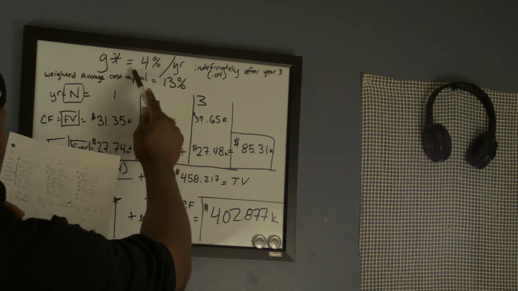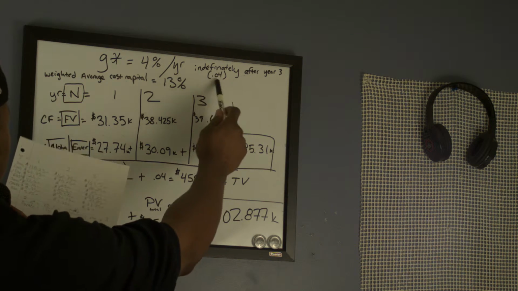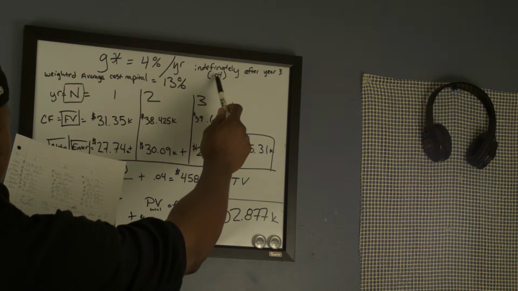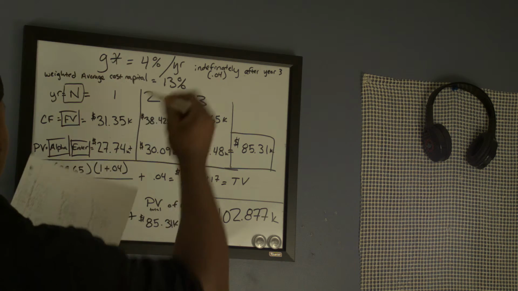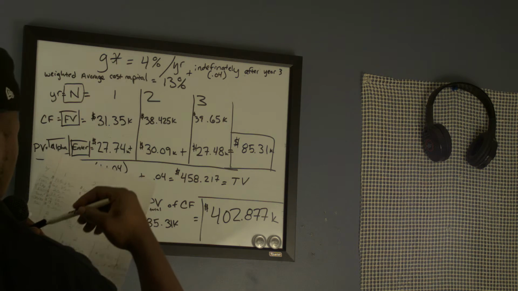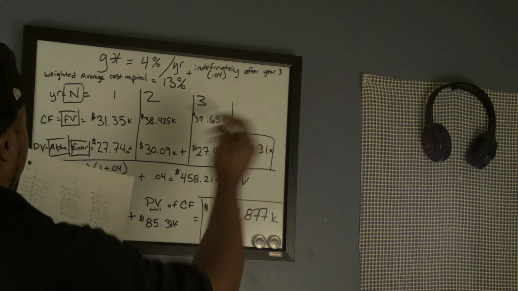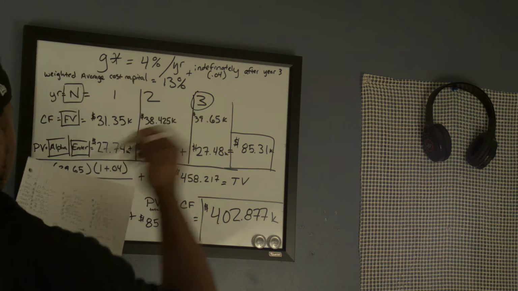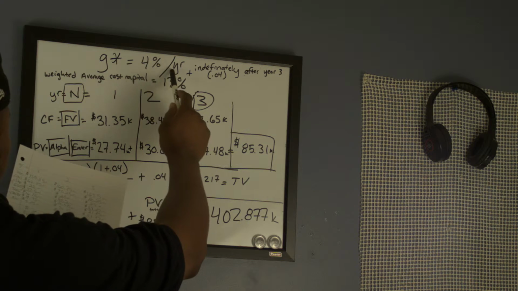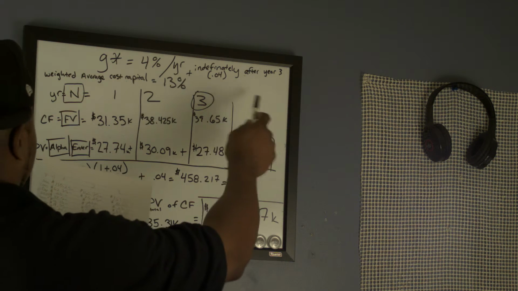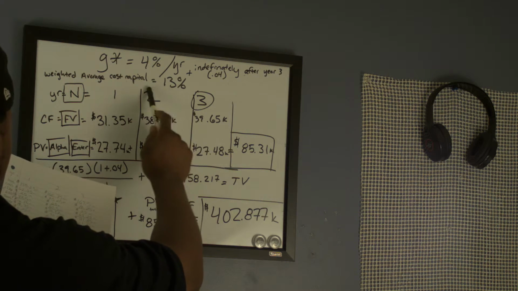So we're saying it's going to grow at 4% per year indefinitely. This little decimal right here that I put in parentheses is to remind me that we're going to have to add this at the end, because that's a rate. So after year three, we're going to calculate a growth rate of 4% per year indefinitely. Now, our weighted average cost of capital is 13%.